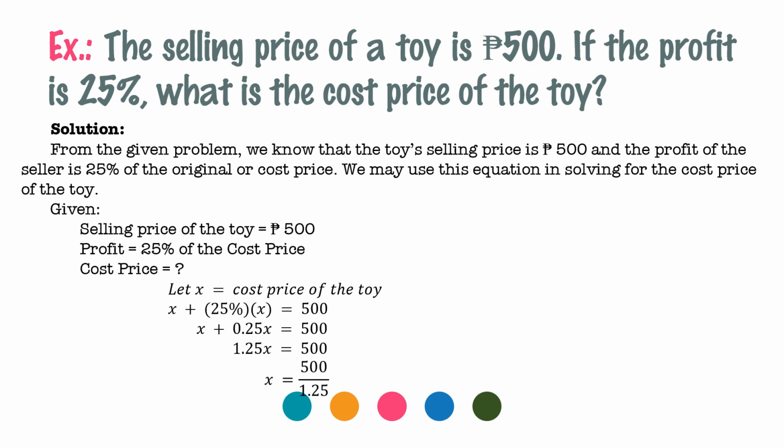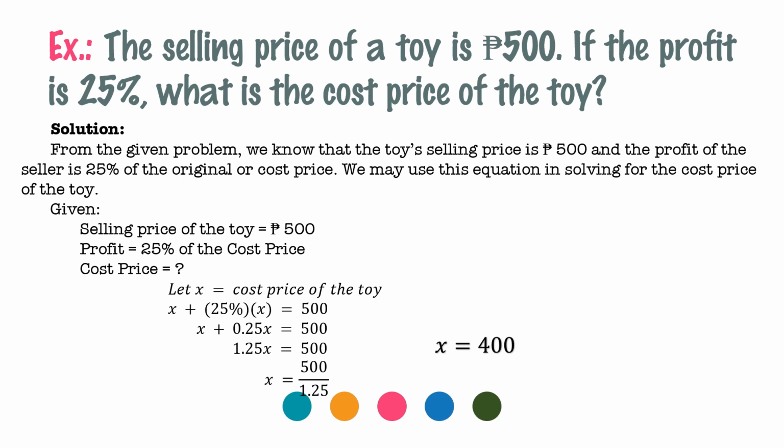Simplifying the left side of the equation, we will have x plus 0.25x. Both values on the left can be combined. We will be having 1.25x equals 500. Dividing both sides of the equation by 1.25, we will have the answer at x equals 400, meaning the cost price of the toy is 400 pesos.